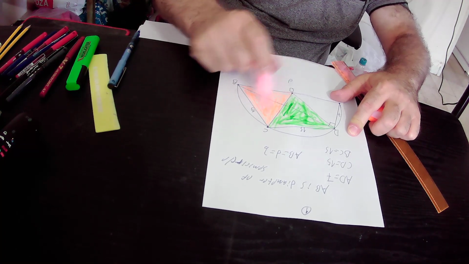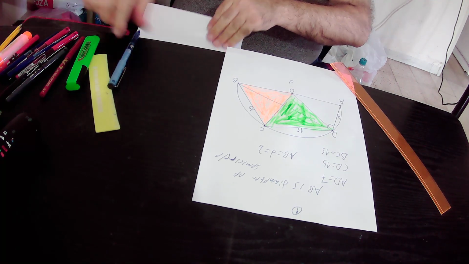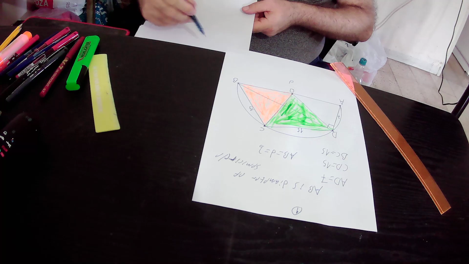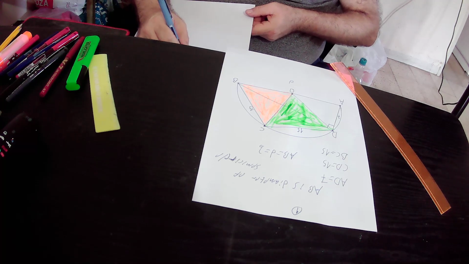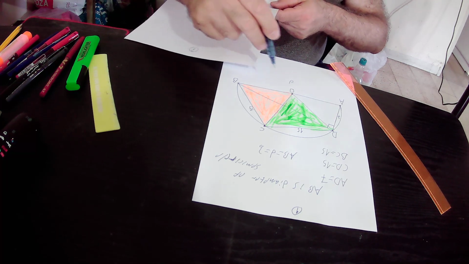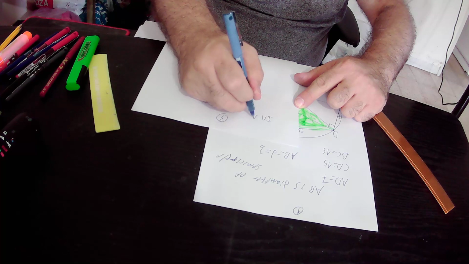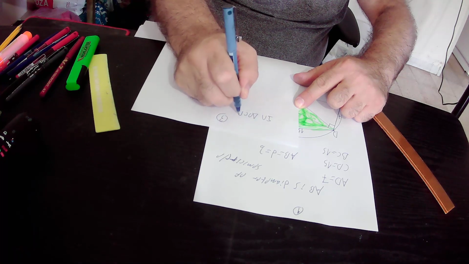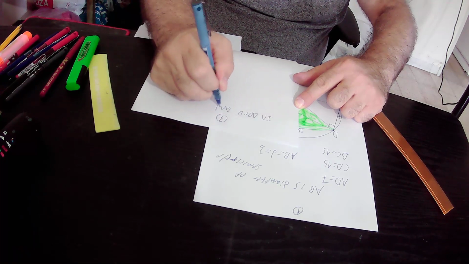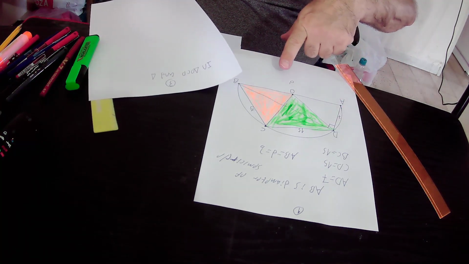So I will write down that we will focus on triangles, the green triangle, triangle OCD, and the orange triangle, triangle OCB.